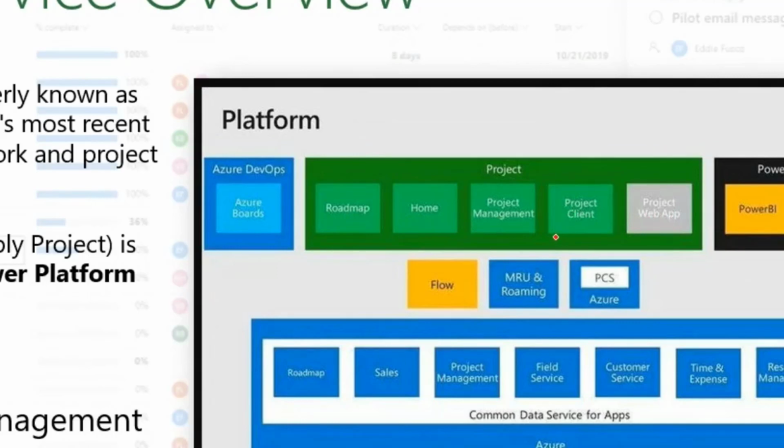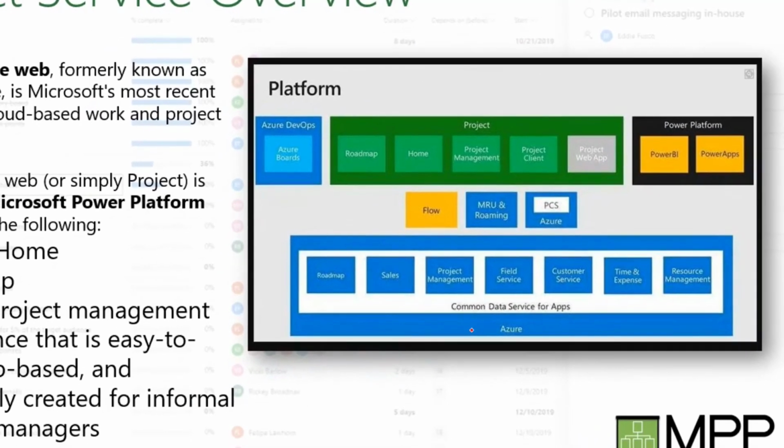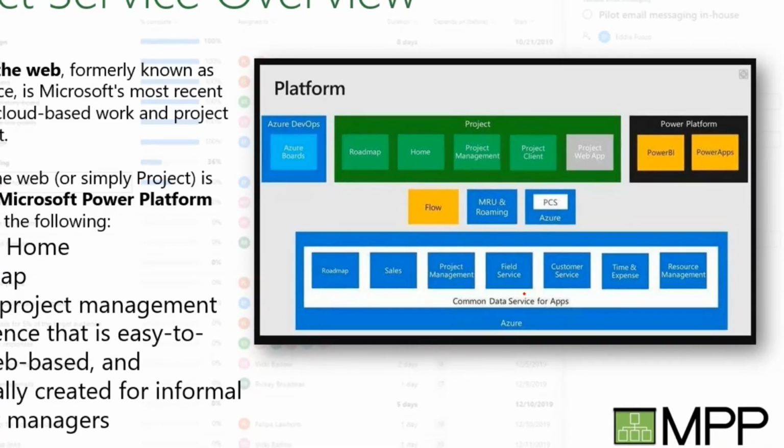Notice that it is above this area down below that has the Azure Common Data Service for apps, and underneath that, you're seeing project management and resource management and the like. So there have been other data services, if you will, for managing projects. But what Microsoft has been doing is trying to really pull them all together, and that's why you're seeing these different names being used, and there's even a little bit of confusion.